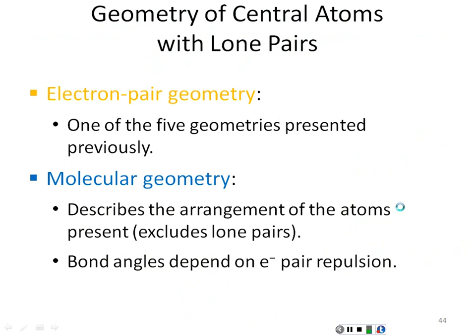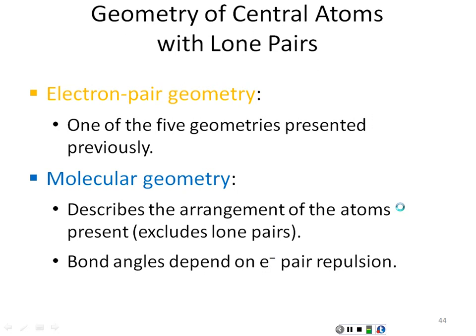So let's talk about the geometry of central atoms with lone pairs. Up until now, we've really just looked at geometries of molecules without lone pairs. But if we include lone pairs, then the electron pair geometry becomes important. And the electron pair geometry will be one of the 5 geometries that we've presented previously. But the molecular geometry then is going to differ from the electron pair geometry.